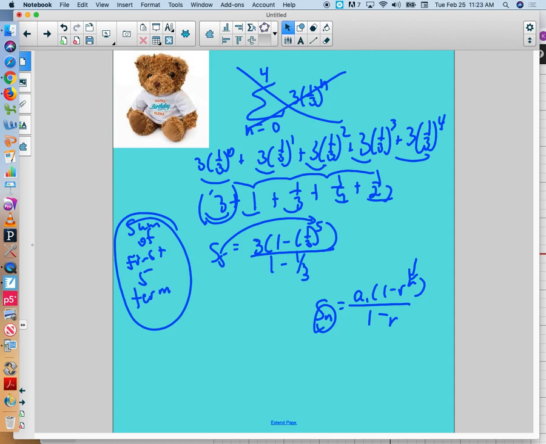The formula is set up to say a sub 1 times 1 minus r to the n over 1 minus r. It's not an n minus 1. It's how many terms you have. If you're adding up 20 terms, n is 20. So the easiest thing to do is just start writing out your list and use that as a sub 1. You know your ratio. However many terms I tell you to add up is your n. Does that make sense? Yeah.